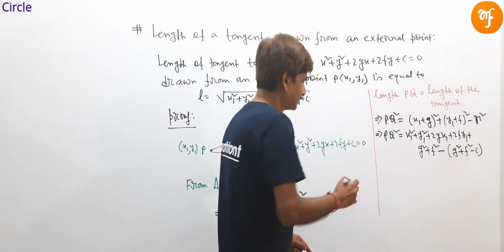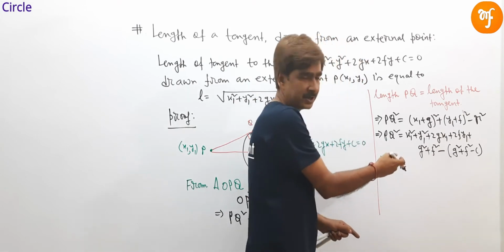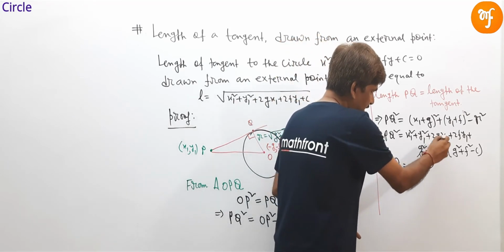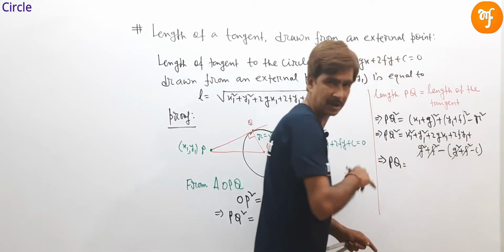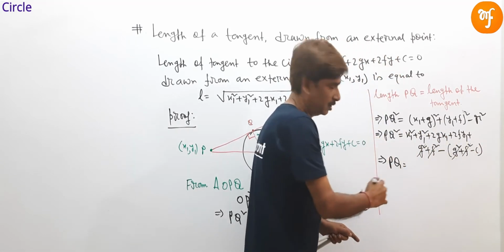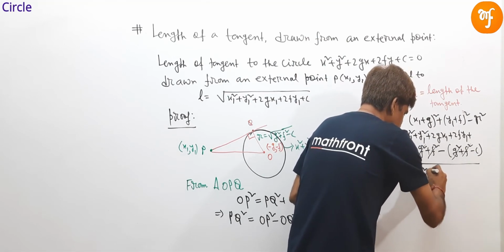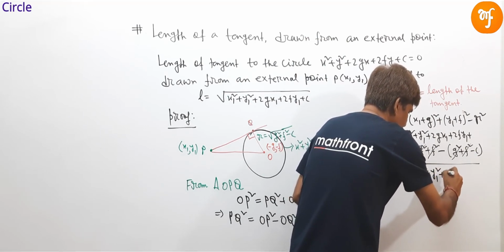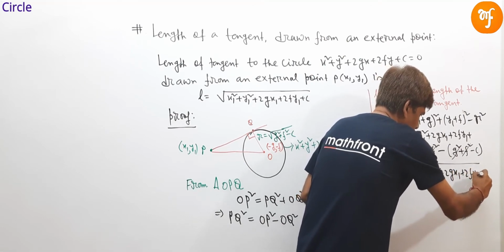So what is the value of PQ? From here we can easily cancel g square f square, g square f square, and minus minus plus c will become. So PQ will be square root of x1 square plus y1 square plus 2gx1 plus 2fy1 plus c.